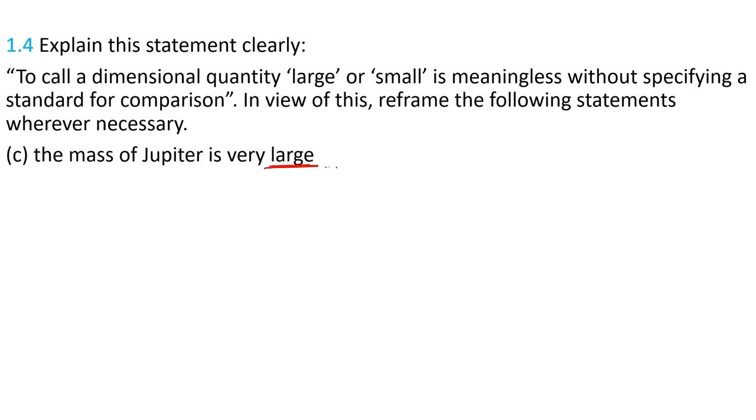We can compare the mass of a planet with any household object or any other thing, because the mass of a planet is humongous compared to ourselves or any smaller planet, but it can't be said without any reference how large the mass of Jupiter is. So let's say that the mass of Jupiter is very large as compared to that of a cricket ball.